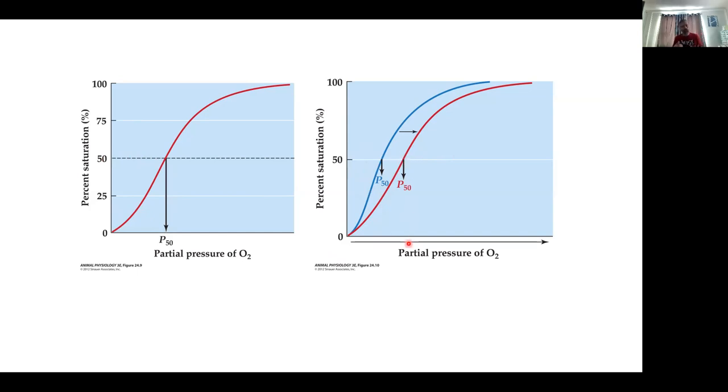What this means is that a lower P50 has a higher affinity for oxygen. It binds it more readily and is less likely to let it go. A higher P50 has a lower affinity, and so it's less likely to bind it and more likely to drop it off.